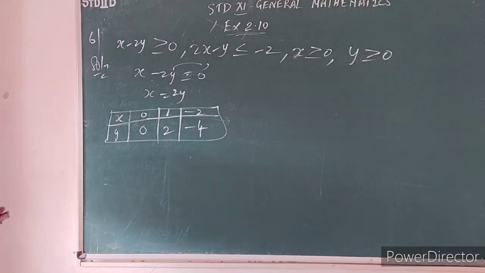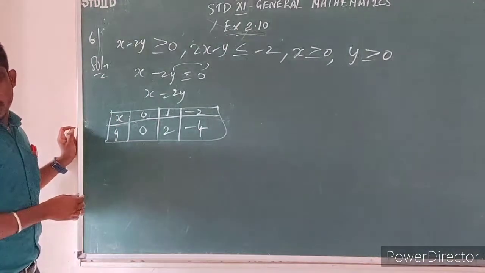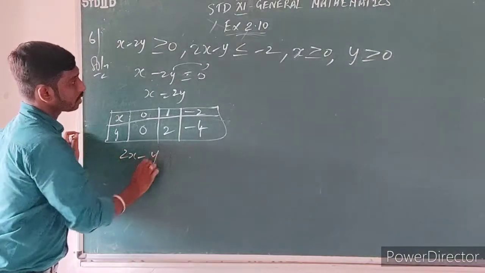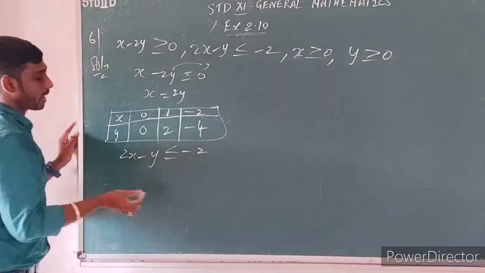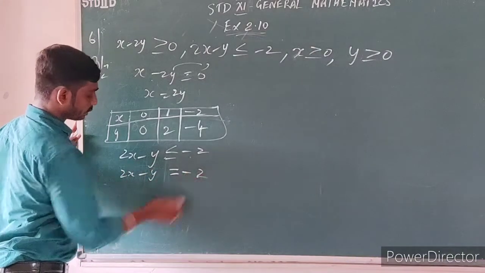Then we are going to solve the next equation. What is the next equation here? That is 2x minus y lesser than or equal to minus 2. So that will be 2x minus y equal to minus 2.